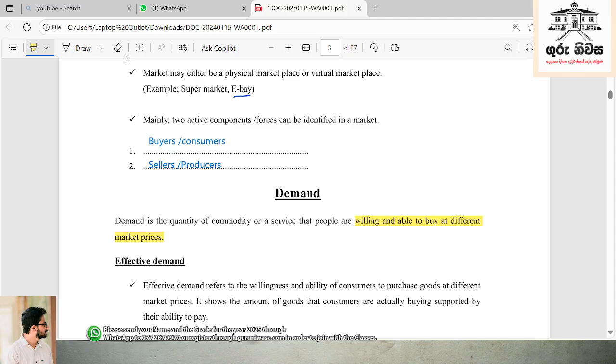Why? The reason is it's not for you. It's not your subject, it's not a need for you. You don't want that. So remember, for a demand, number one is people should have a desire, meaning a need or want to buy that product. Willingness means desire.